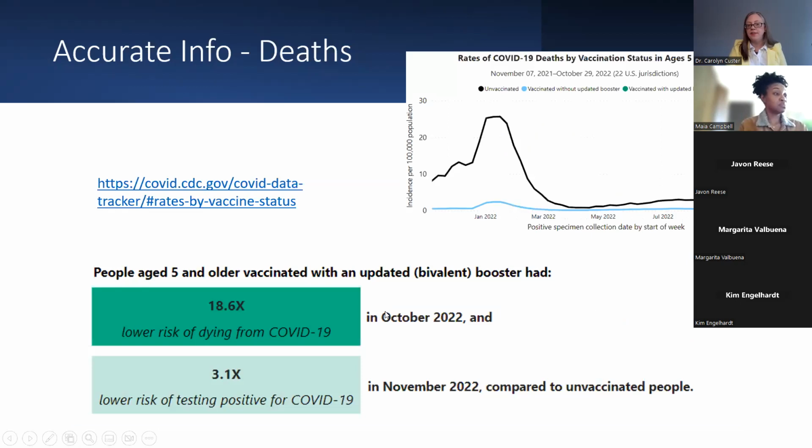And when we look at the death rate, it's still true, even though it's becoming less of a virulent virus, people that have been vaccinated, and this green line here is the people who have received the bivalent booster, are not dying from COVID. So these are our up-to-date information that can be shared as credible information.